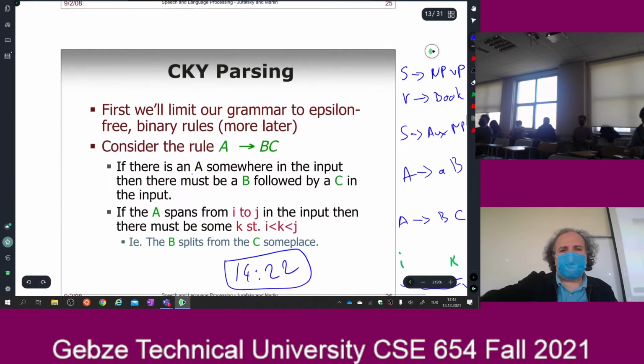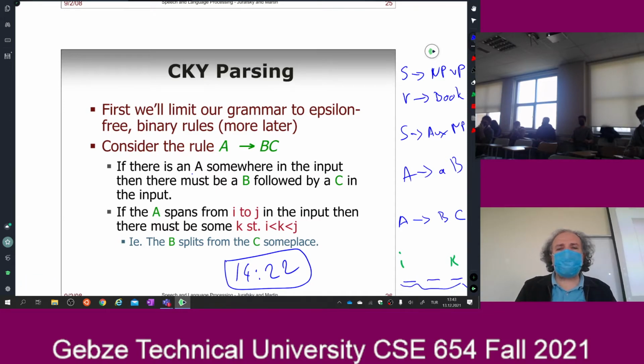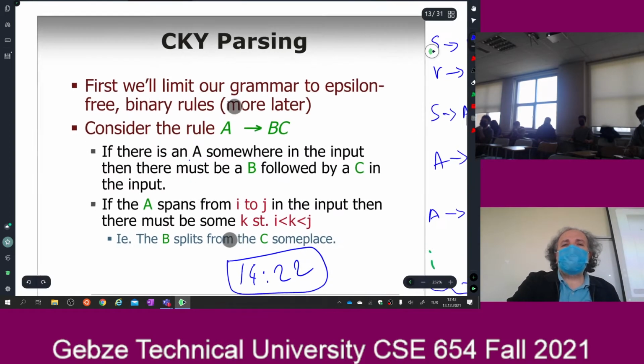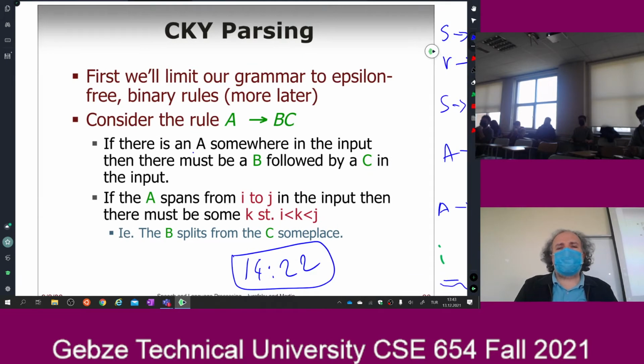So let's look at CKY parsing. CKY parsing is a bottom-up parsing method. It is nice, very well defined, and very logical. You can remember the rules and everything of the parsing method. But to be able to work, I need binary rules.